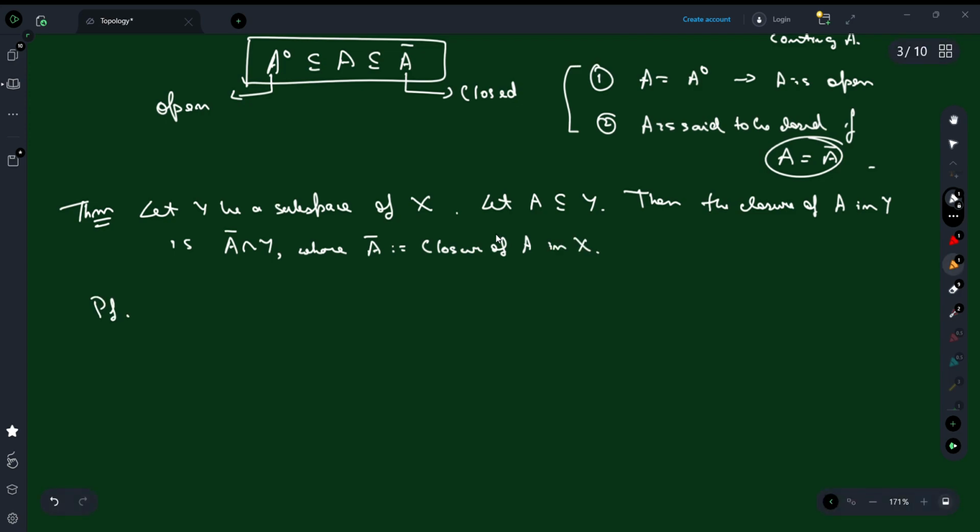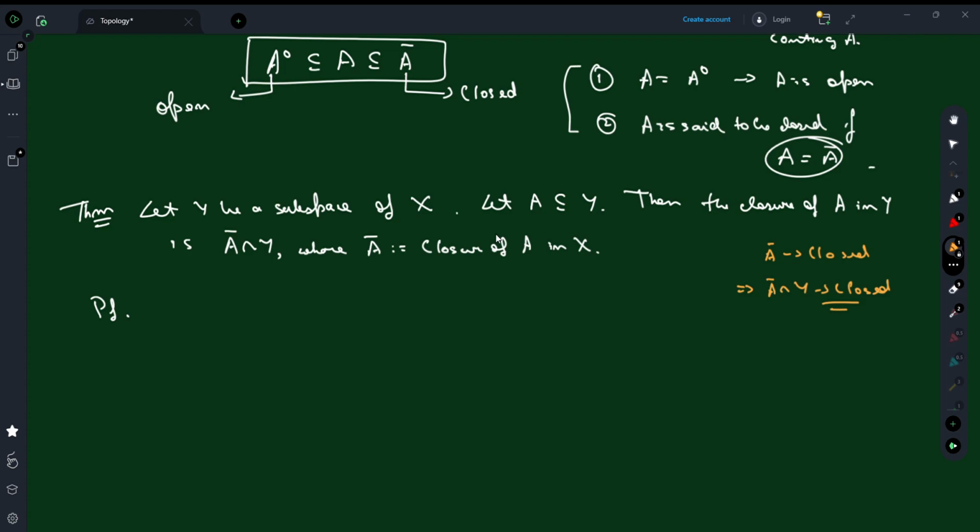Now one thing is quite obvious, that A closure is closed. So that implies A closure intersection Y is closed by the theorem which we had proved. Right? So we don't need anything about the closedness of A bar intersection Y.